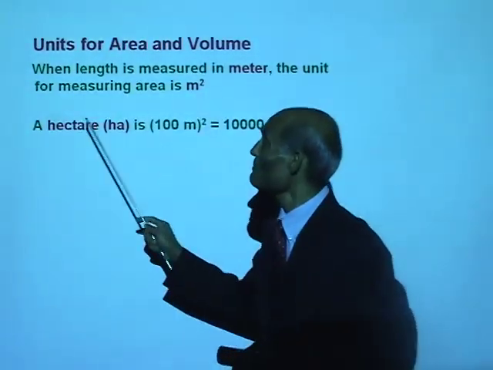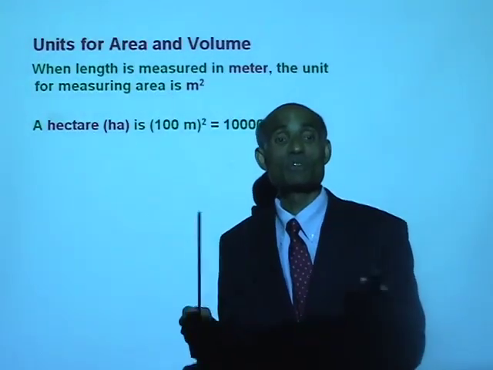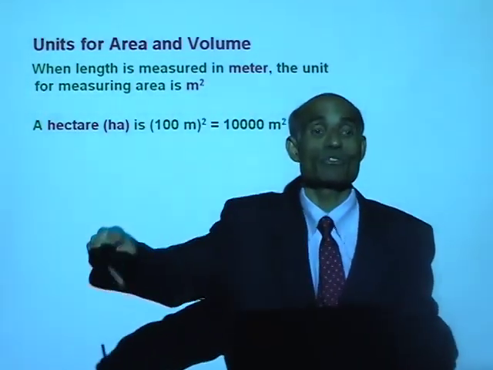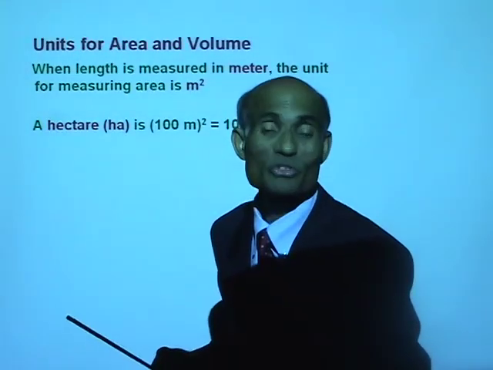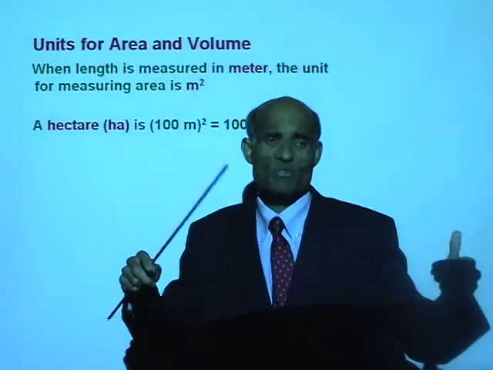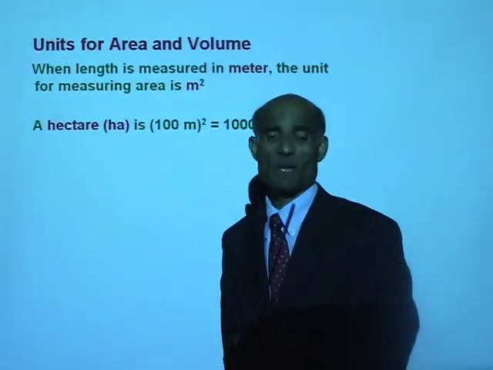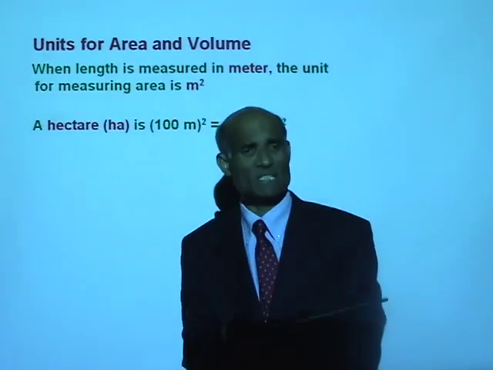Now, have you heard of this unit called hectare? That is the unit for measuring large areas. Well, in America we use acre. Now, what is the relation between a hectare and an acre? Now, first of all, what is a hectare?